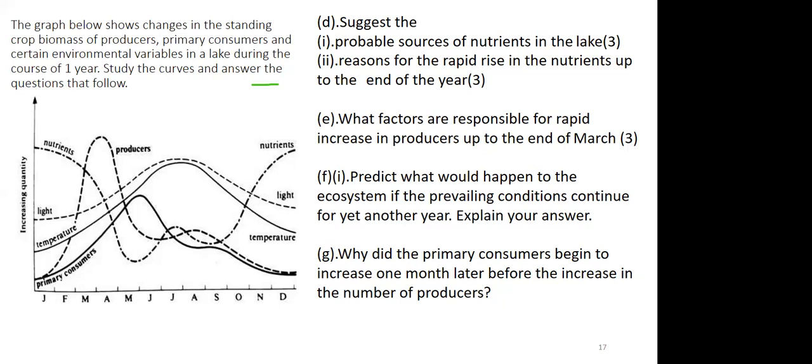Okay, Perpetua. Yes, thank you, teacher. At the end of March, there is a rapid increase in the number of producers. The reason is the increase in light intensity, which is used in photosynthesis to manufacture food.